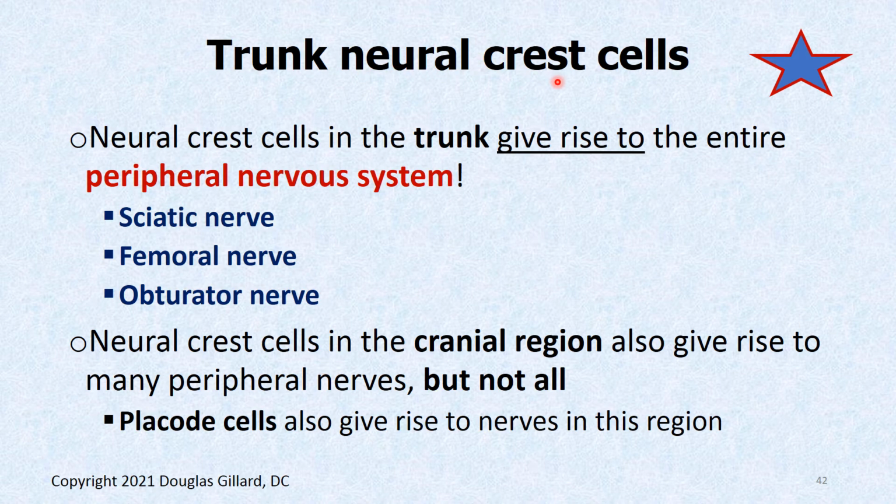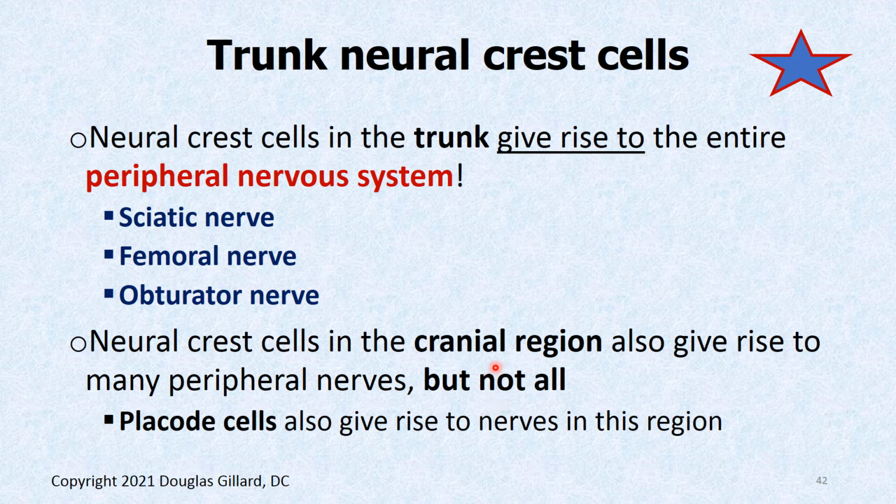The neural crest cells that hang out in the trunk region, not so much the cranial region, because neural crest cells will go the entire length of the neural tube. The trunk neural crest cells give rise to your entire peripheral nervous system, you name it. Sciatic nerve, femoral nerve, obturator nerve, I just named the big ones. The radial nerve, the musculocutaneous nerve, the ulnar nerve, all neural crest cell derived.